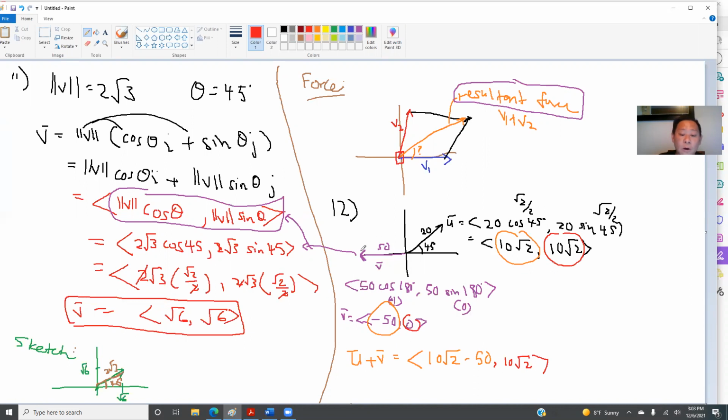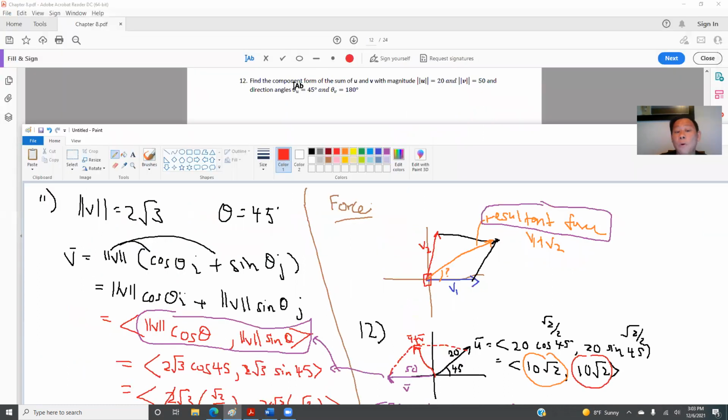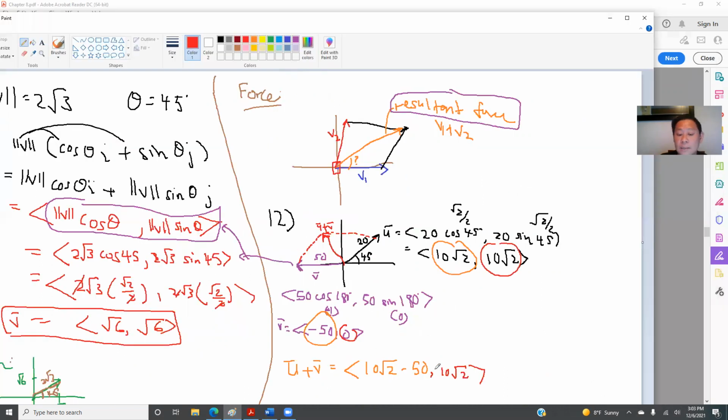If I draw a parallelogram here, this is your U plus V, and the coordinates are 10√2 minus 50 for the x value and 10√2 for the y value. This is how you find the component form of the sum of U and V.